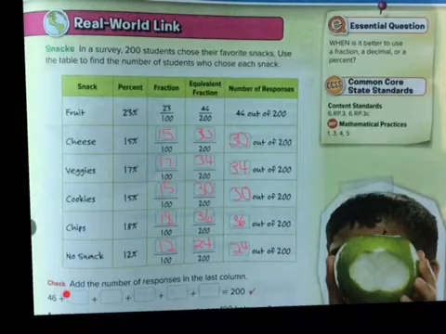Okay, now at the bottom we're being asked to add the number of responses in the last column. Here is the responses, the number of students, 46 out of 200, 30 out of 200, and so on. We're being asked to add it just to check that it equals 200. Well, let's see.